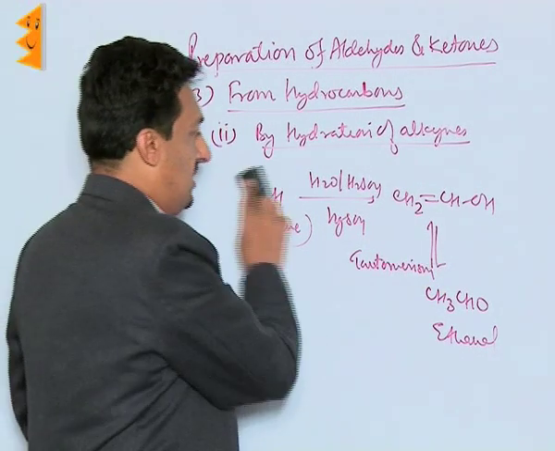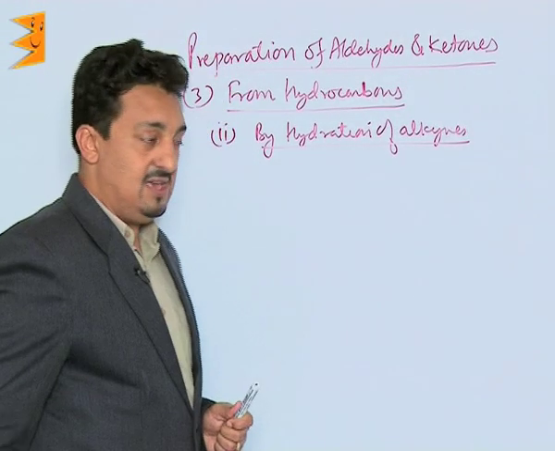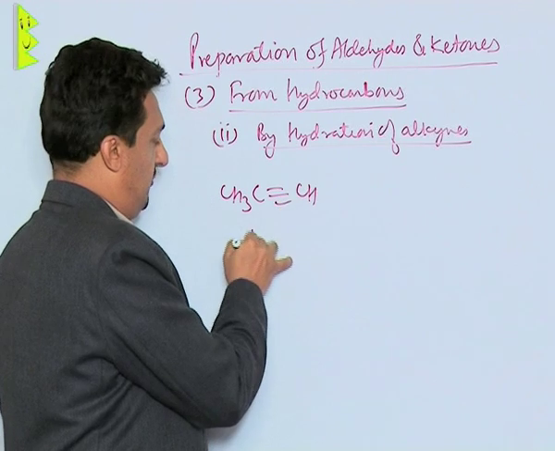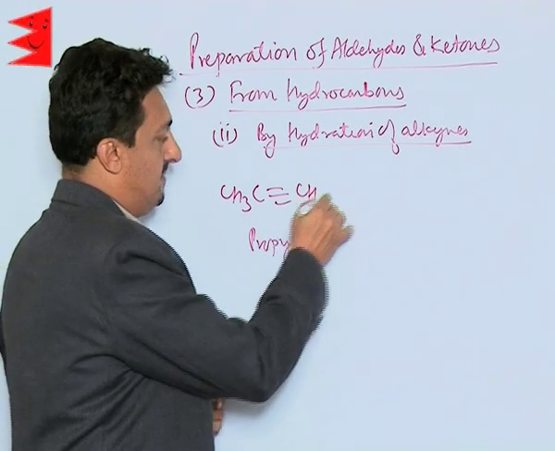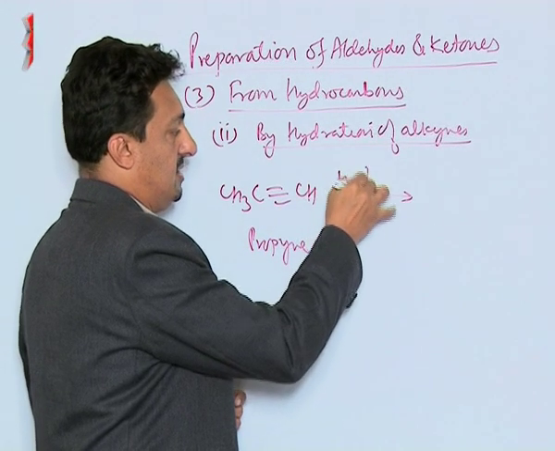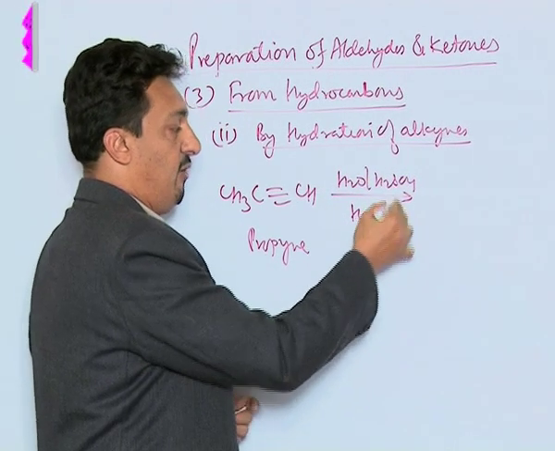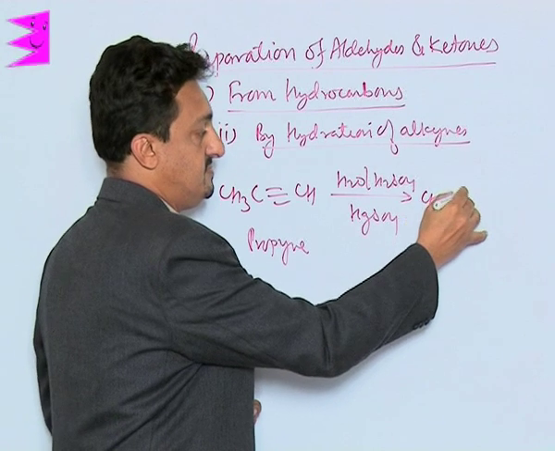If we have a 3-carbon alkyne, let me give you an example: propyne. The addition of water, in presence of sulfuric acid and mercury sulfate, follows Markovnikov's rule.